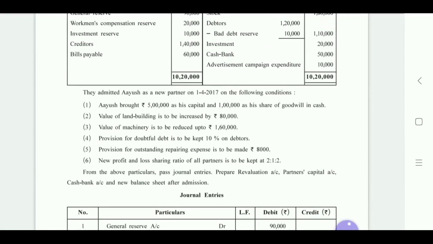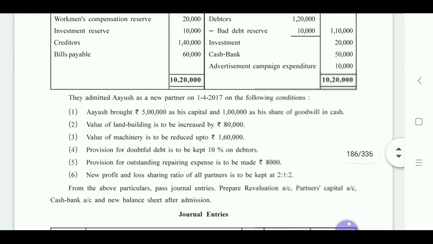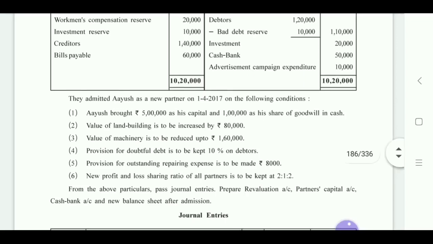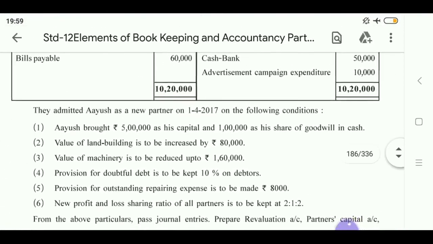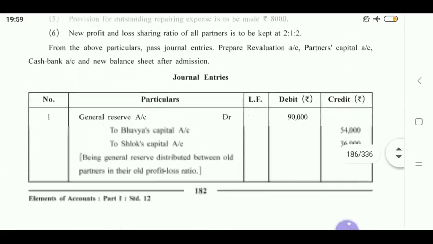So we'll find out the journal entry regarding this. Ayush has brought capital of rupees 5 lakh and goodwill of rupees 1 lakh in cash. So cash comes in the business, cash account debit, and the journal entry for capital and the journal entry for goodwill will be separate. Let us check.